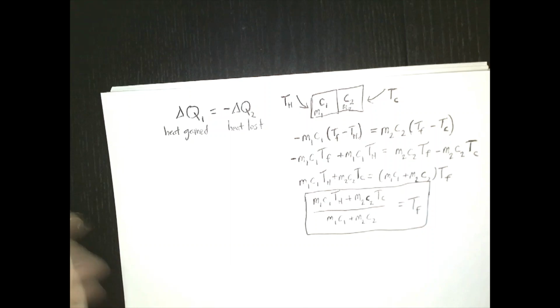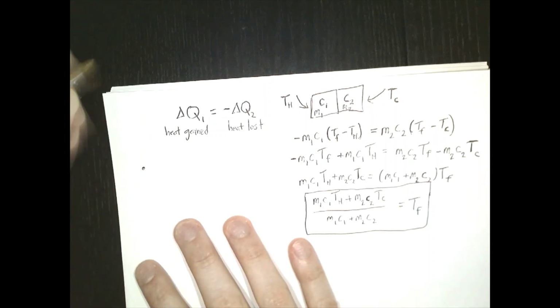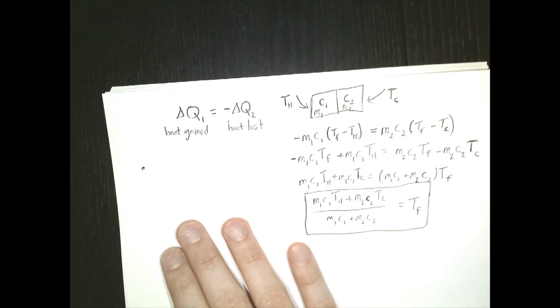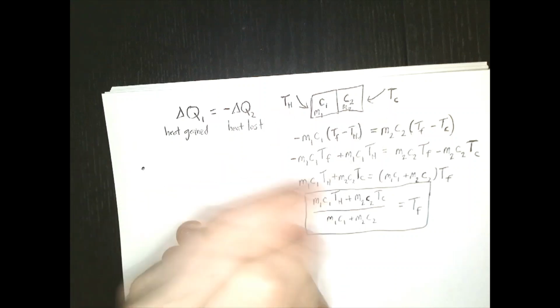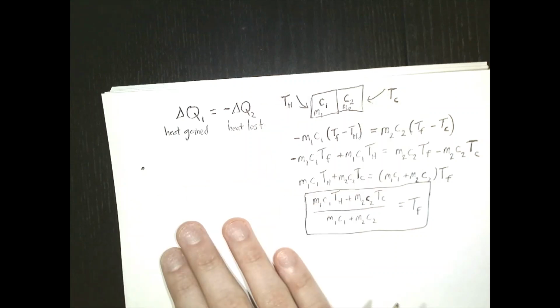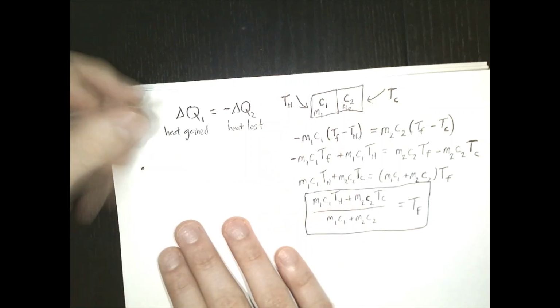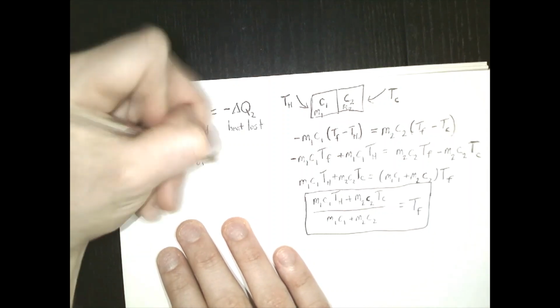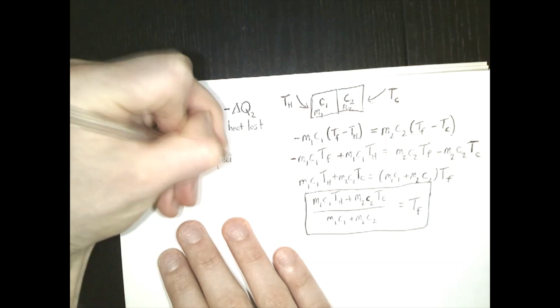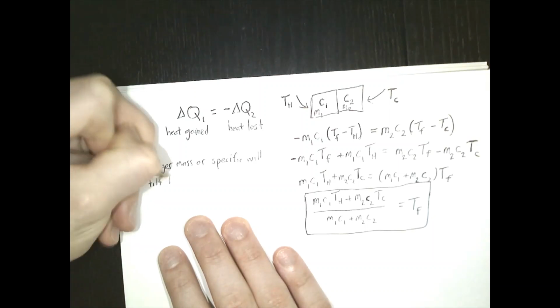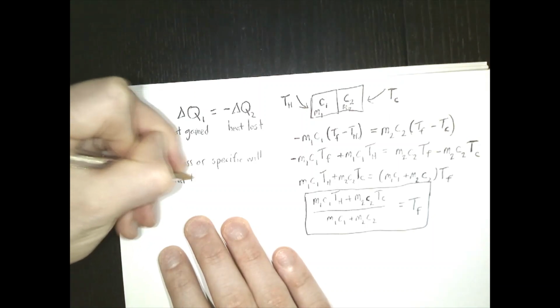Now, there are some tricks we can use. We can estimate where the final temperature is going to be relative to the hot and cold temperatures based off the material properties. So, a larger mass or specific heat will tilt the final temperature toward that value.